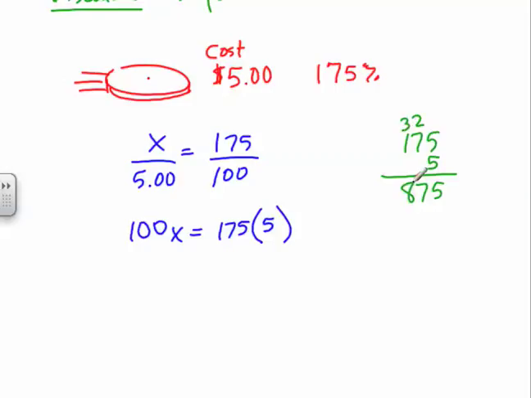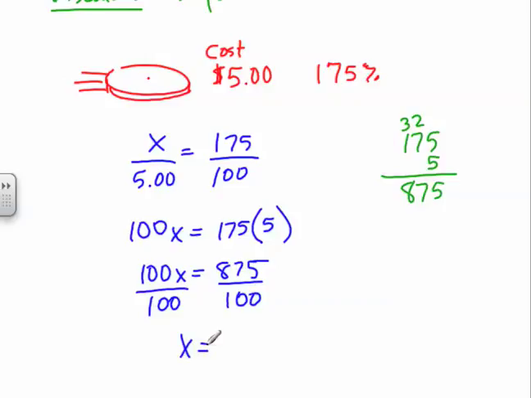Okay, all right, so now over here I've got 100x is equal to 875. Okay? Now, remember, that's not what x is, that's what 100x is. So I need to divide by 100 on both sides, and I'm going to get that x is equal to, and everyone knows when I divide by 100, I move my decimal point 2 places to the left.